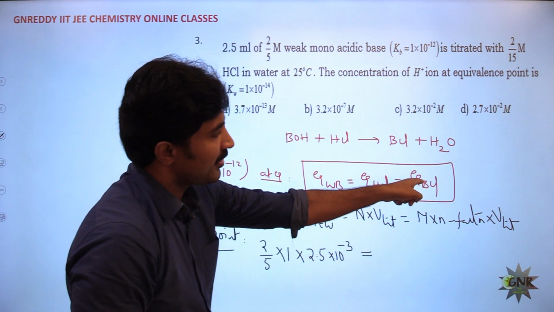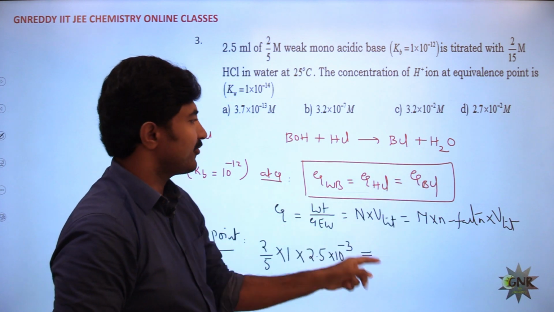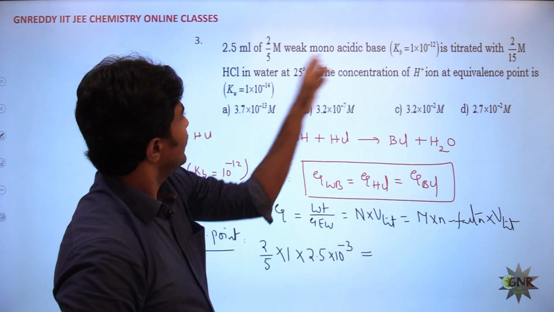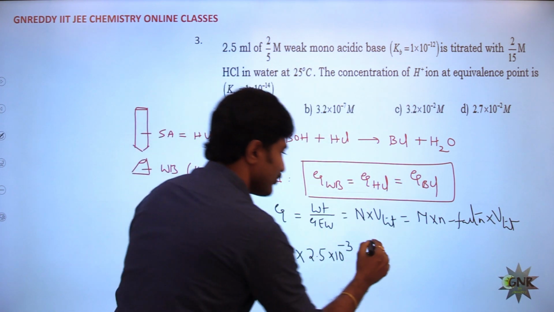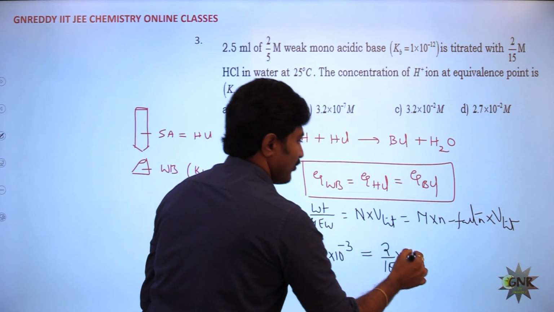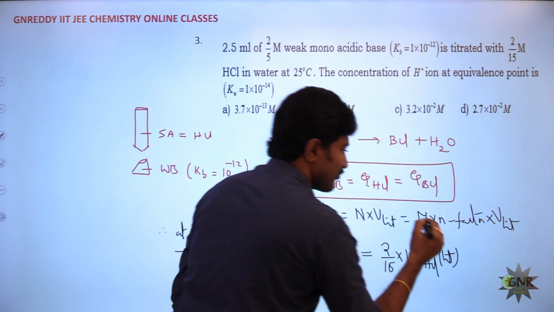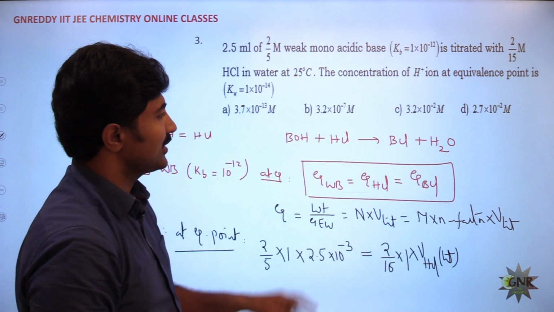So that is the number of equivalents. HCl consumed and salt formed: for HCl only molarity is given, which is 2 by 15 into n factor 1. And what is the volume of HCl consumed in liters? So find this volume of HCl consumed in liters.